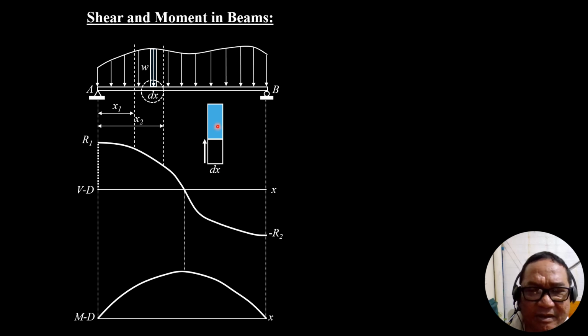And because of the loading, we have here, so that's V, shear. Because of the loading, then the shear at the right section, which is positive downward, remember the sign convention, is shear at the left, then plus the change in shear, which is dV.